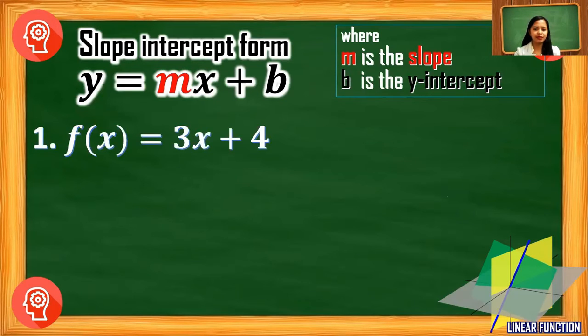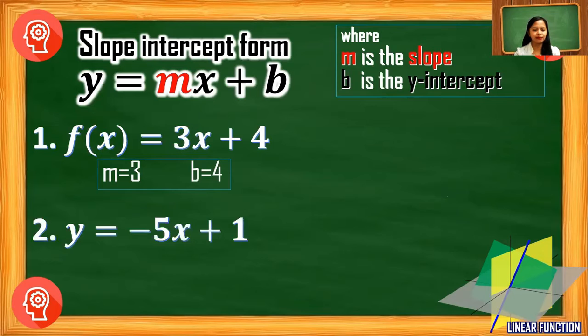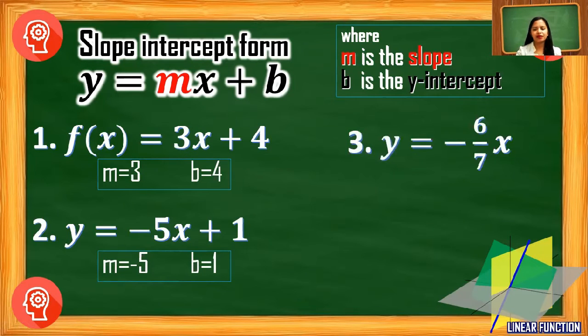We have f of x is equal to 3x plus 4. What is the slope and what is the y-intercept? Here, our slope is equal to 3 and our y-intercept is equal to 4. Another one: y is equal to negative 5x plus 1. Be careful with the signs. Here, our slope is equal to negative 5 and the y-intercept is equal to 1. How about this example?